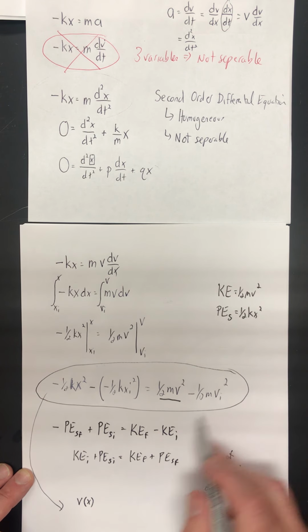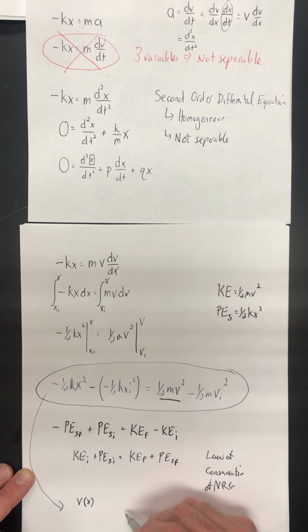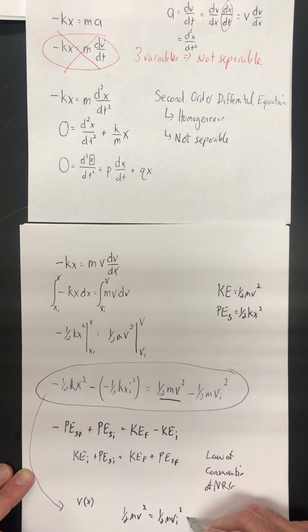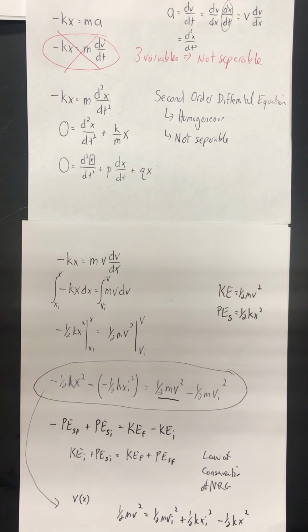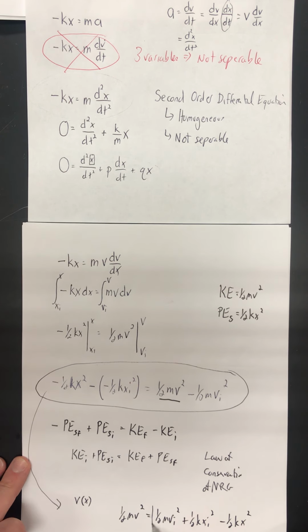And that would look like moving everything over onto this side. So I would have 1/2 mv squared is equal to 1/2 mvi squared, and then plus 1/2 kxi squared minus 1/2 kx squared, right? This is just a big old constant, folks. So I could just replace it with c or something if I was going to do the next step of this.